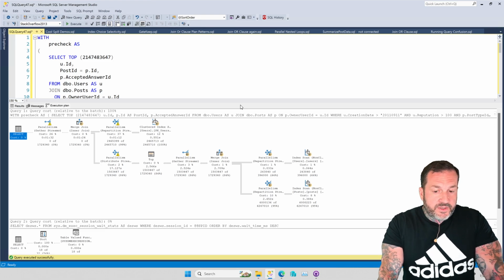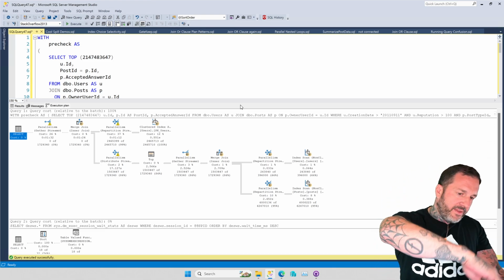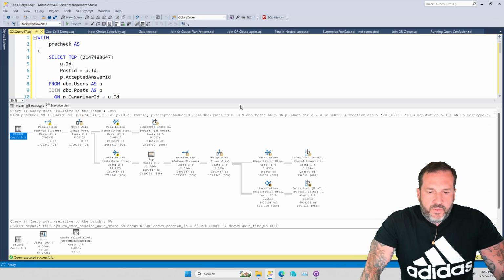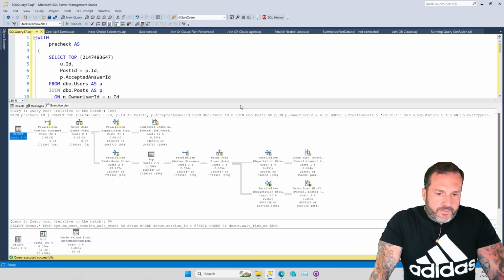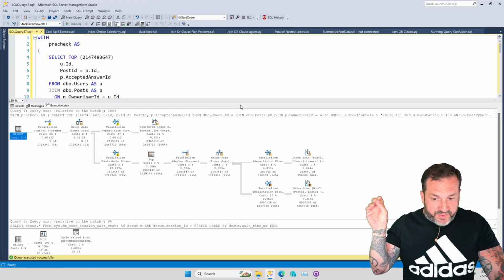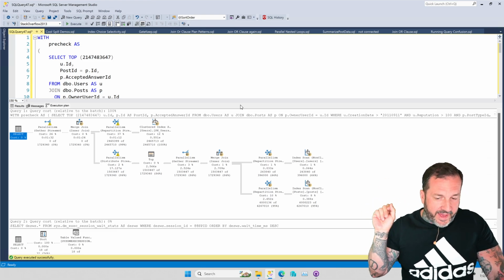Input has to be sorted so that everything can be done in a nice, orderly fashion and flow right through all the merging. And so there's no explicit sorting in this query. There's nothing in this query plan that says sort or sort distinct or anything like that.